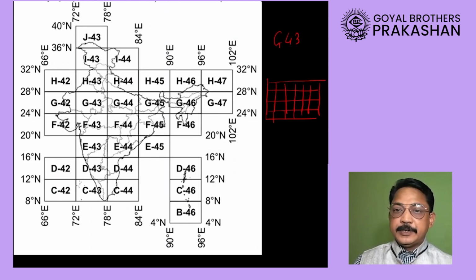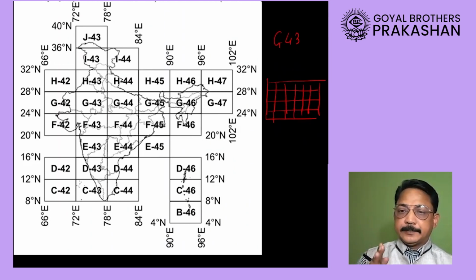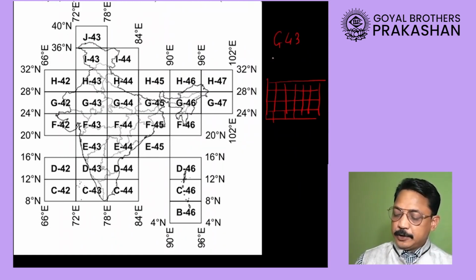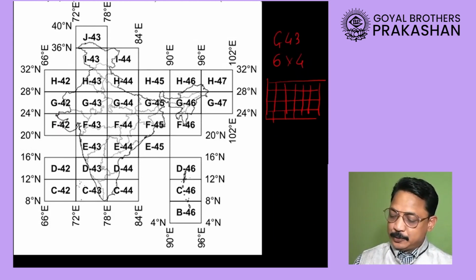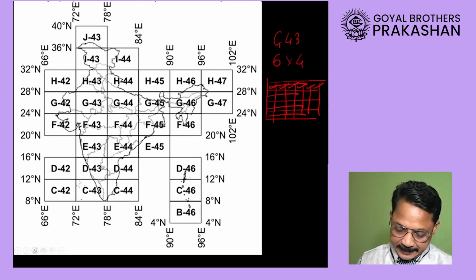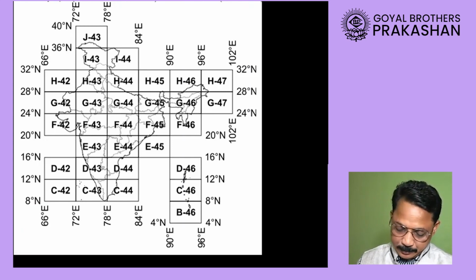We have already seen that when we are numbering from west to east, we are taking a group of 6 longitudes and 4 latitudes. So here 6 longitudes and 4 latitudes are taken.